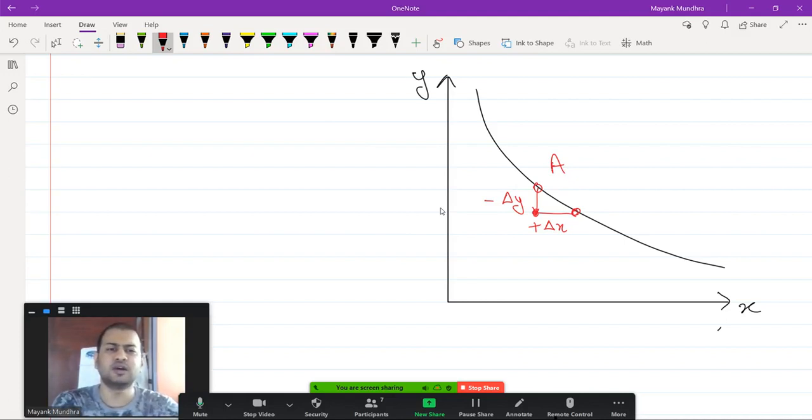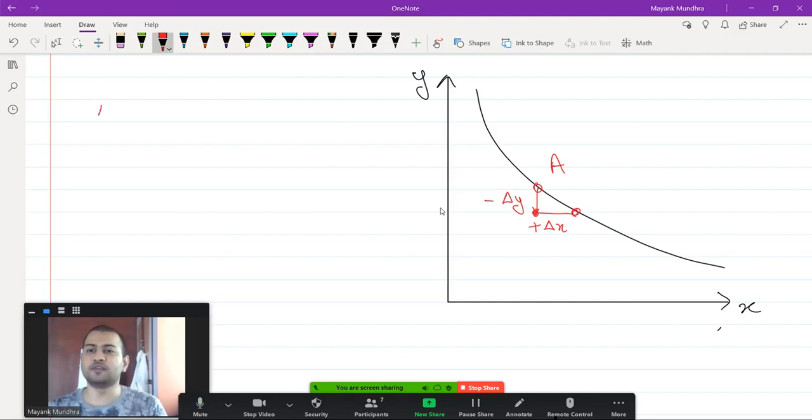So the agent's motive is just to not be worse off. He is asked for delta Y of good Y, he is willing to part with it, but in exchange he asks for delta X of good X. After this substitution, he becomes indifferent.